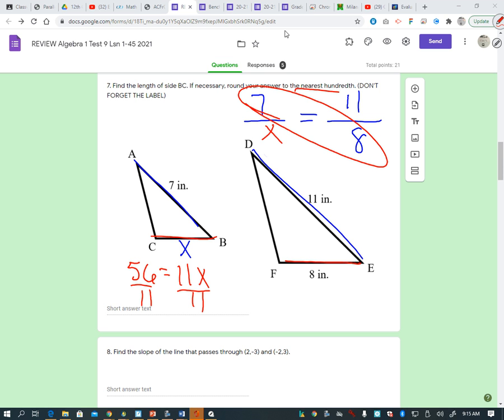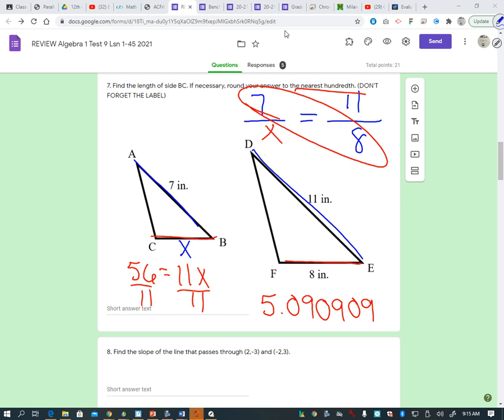To the nearest hundredth. 5 point, you got what? 5 point, what was the decimal answer that came out in the calculator? 5 point what? It went 090909. Nearest hundredth. So which one of these digits is the hundredths?